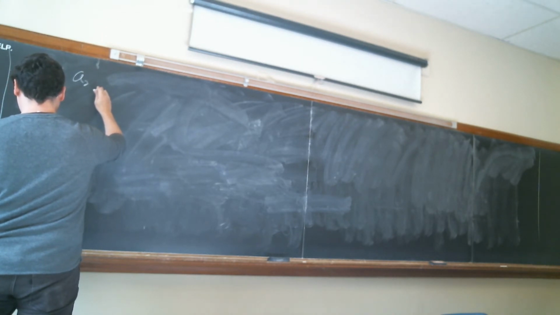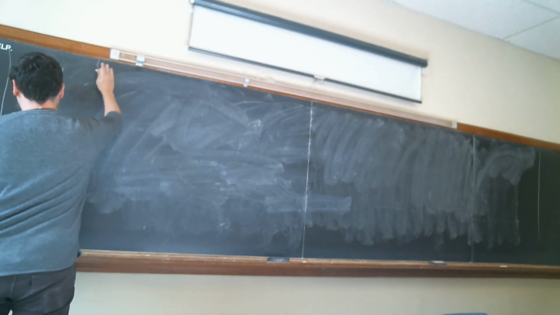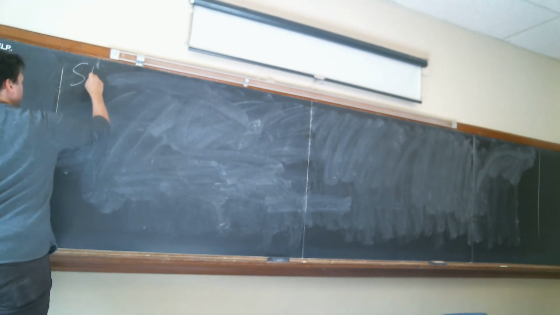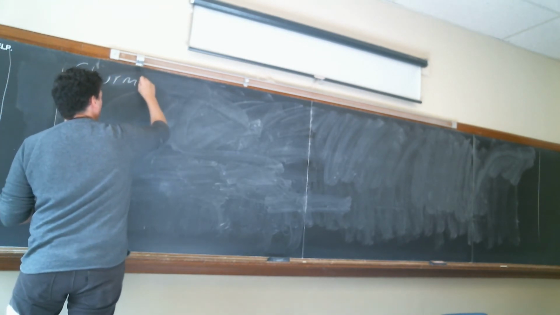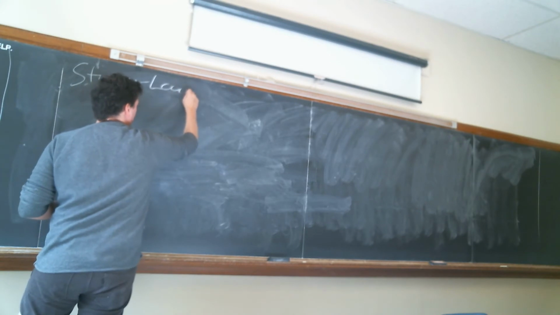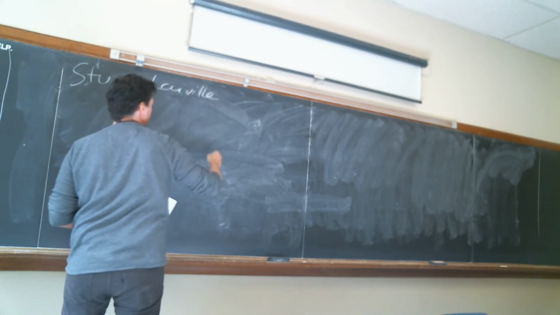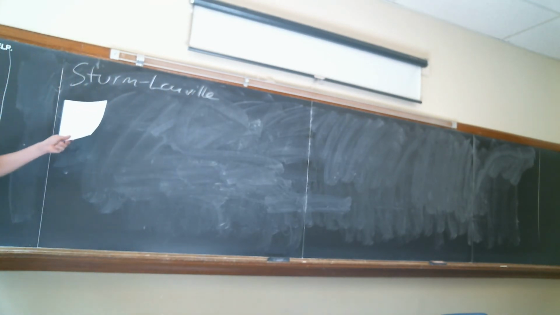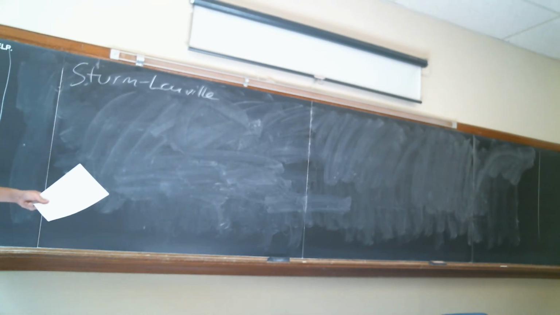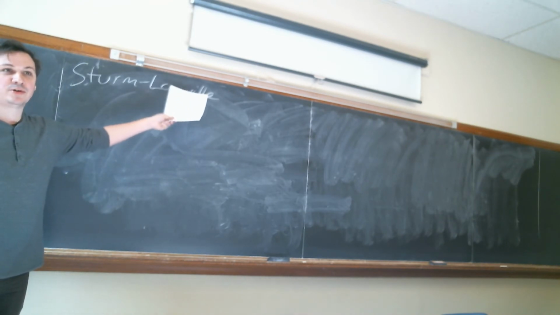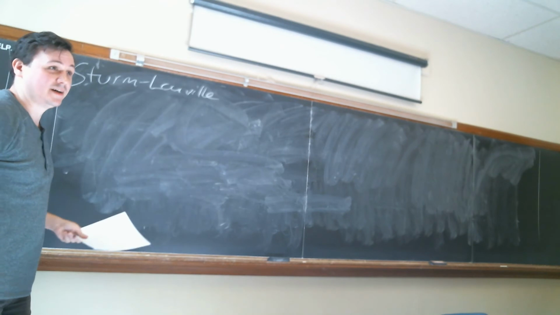So wait, what are we doing now? I had to see where we're starting. This is Sturm-Liouville, named after Sturm, who was some mathematician, and then Liouville, who did like a quarter of all mathematics that's used today.